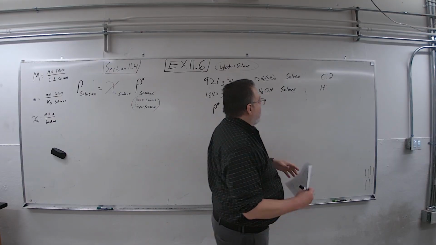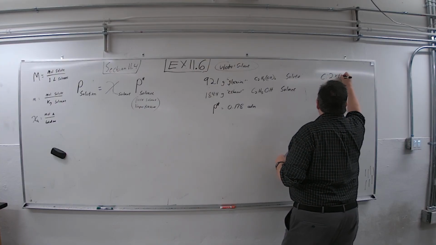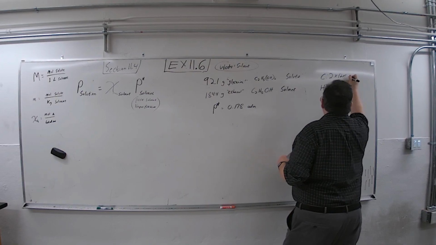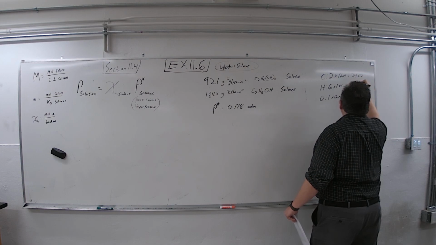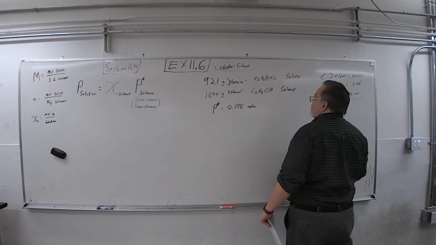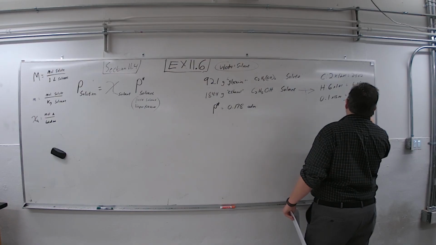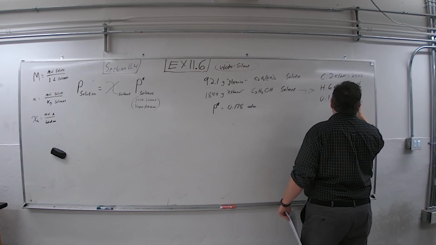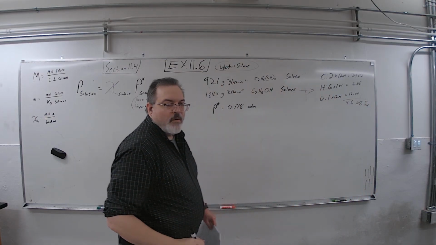So there's actually 6 here, so don't miss that. 12.01, 4.02, 6.06, 16. Did I do that right? 46.08 grams per mole.